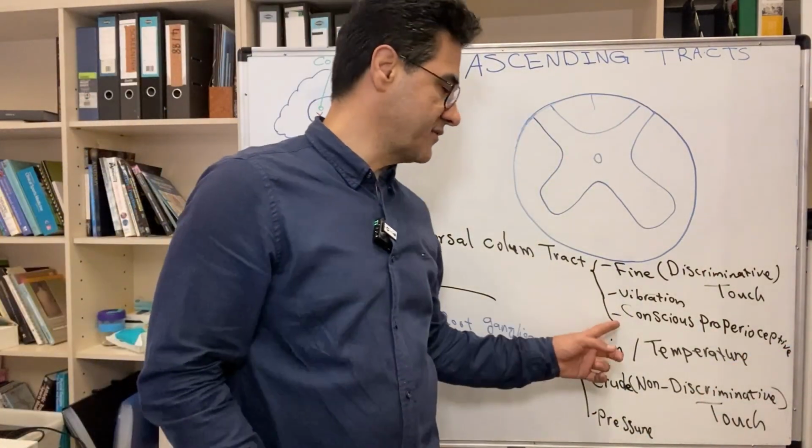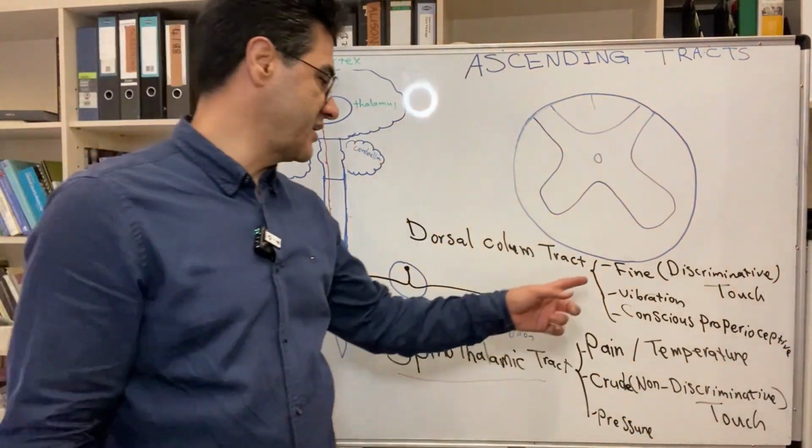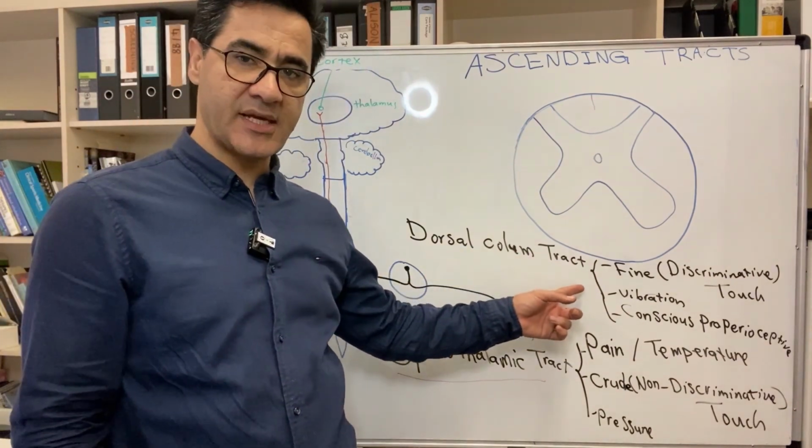So these three kinds of sensory information are carried by the dorsal column tract.